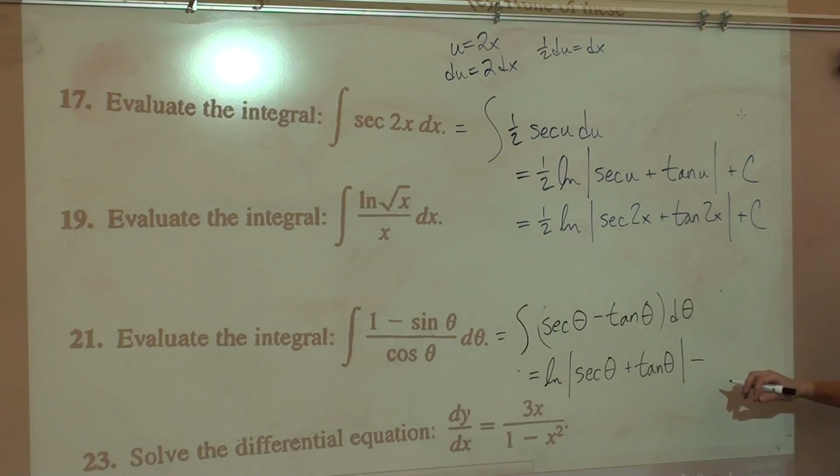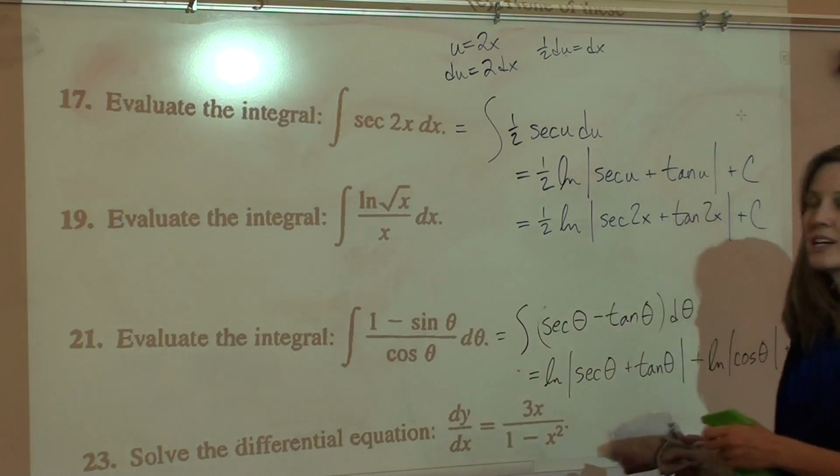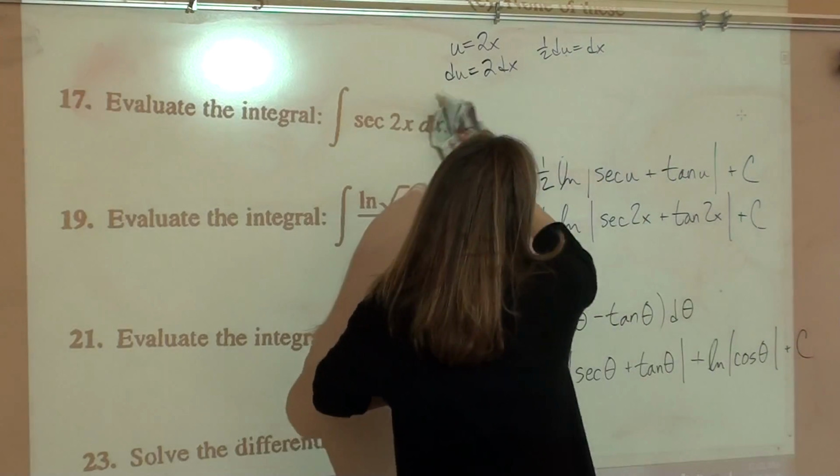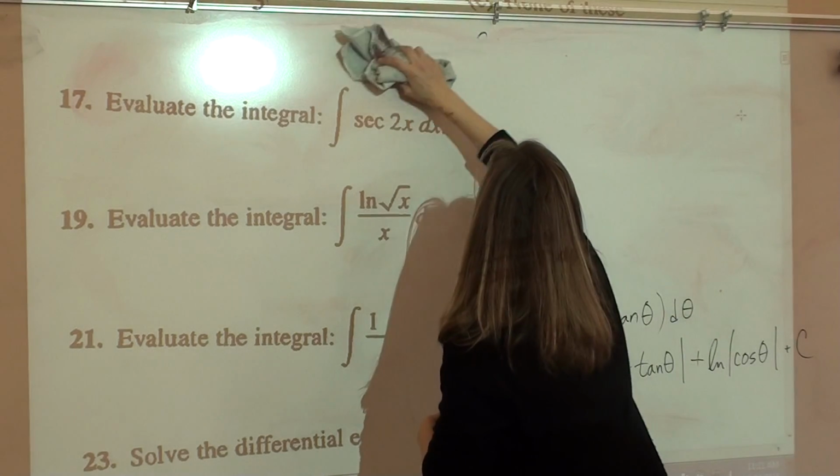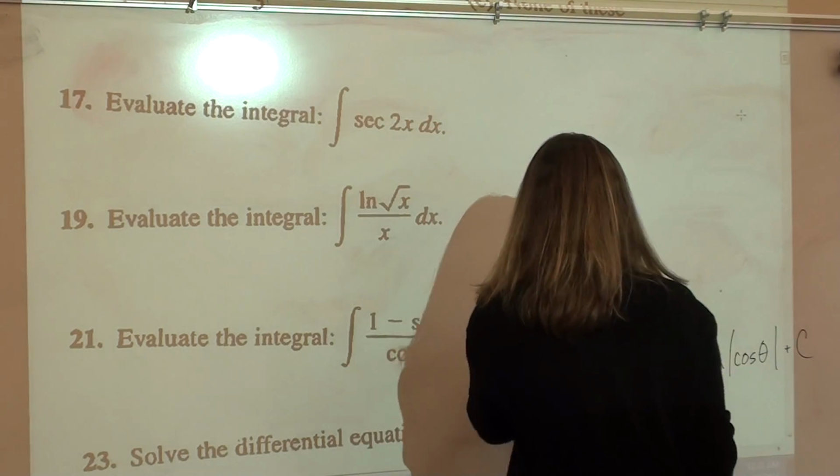It's negative, so we're going to turn this into a positive ln absolute value of cosine theta, plus c. Make sure you learn the antiderivatives of your 6 trig functions, because 1 or more of them will be on your test and you're going to want to know them.